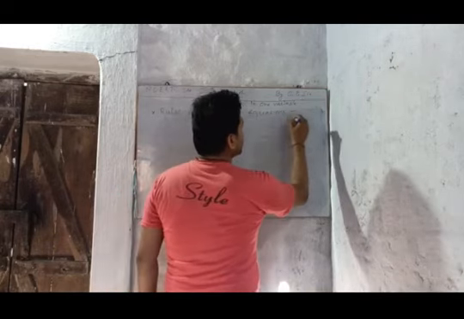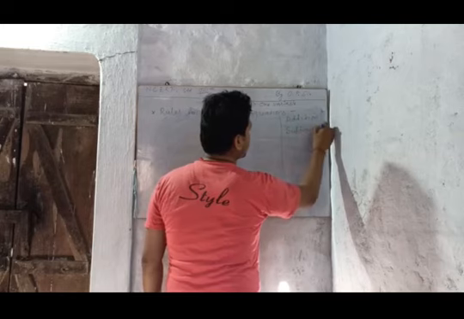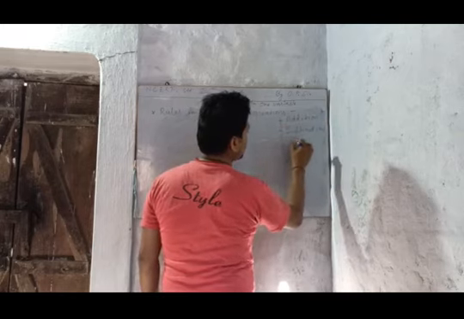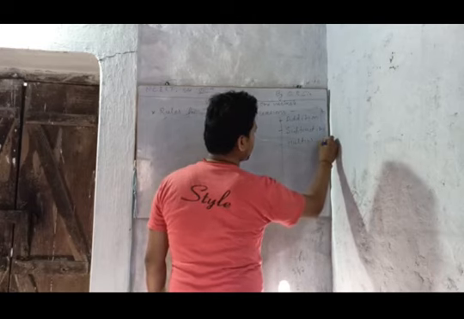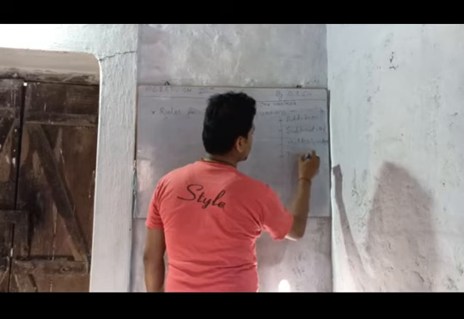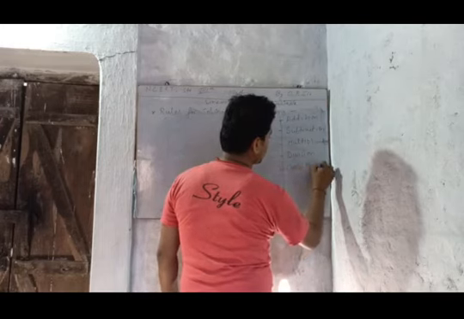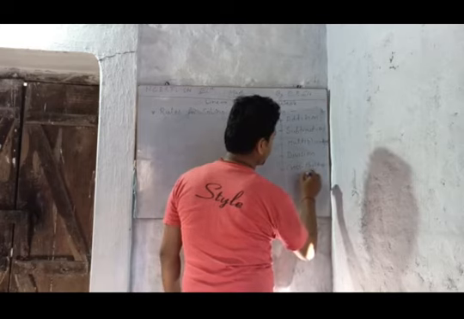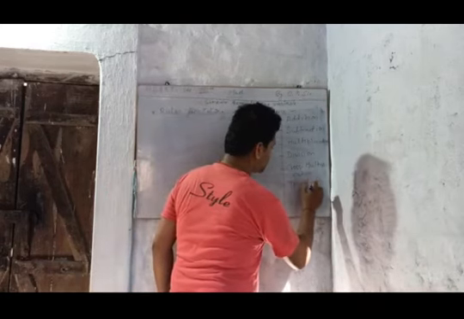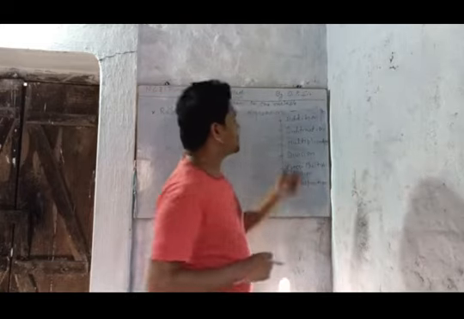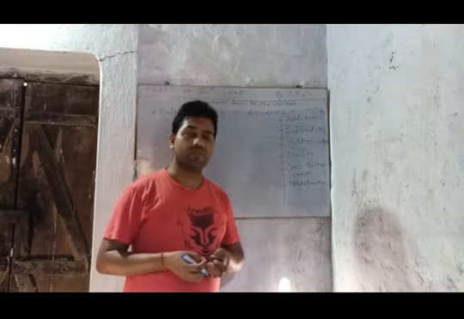I am going to write these rules on the right side: addition, subtraction, multiplication, division, cross multiplication, and transposition. Dear students, these are all the rules by which we will find the solution of an equation.